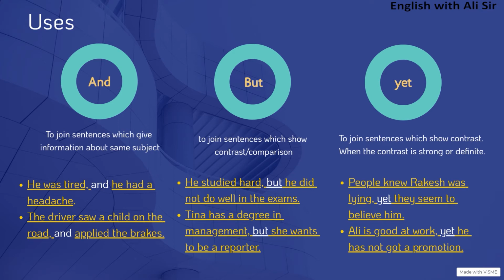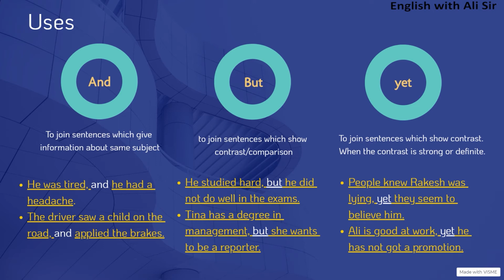That means, in simple way, we can understand that a reporter does not need degree in management, or simply degree in management has nothing to do with reporter career. So here, when there are two contrast sentences, don't use and, but you have to use but in middle of the two sentences. While they coordinate, they get combined.